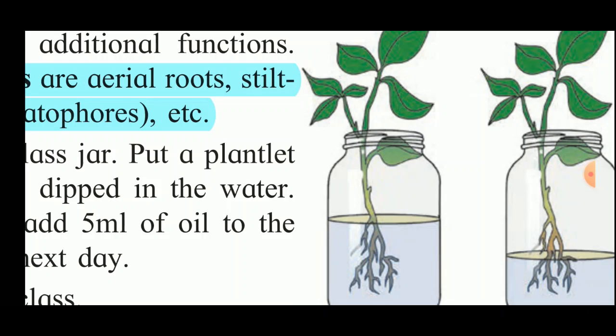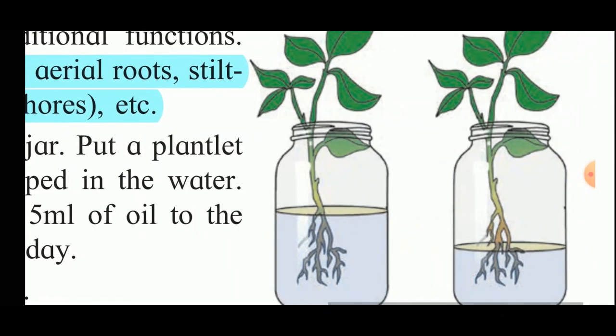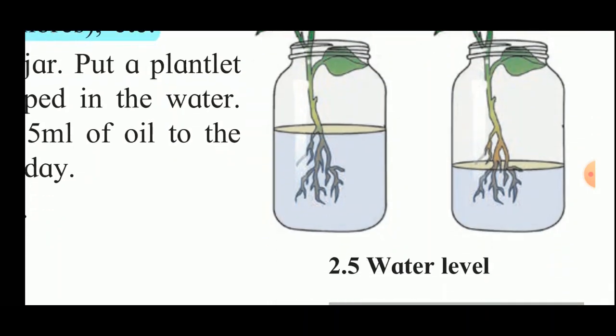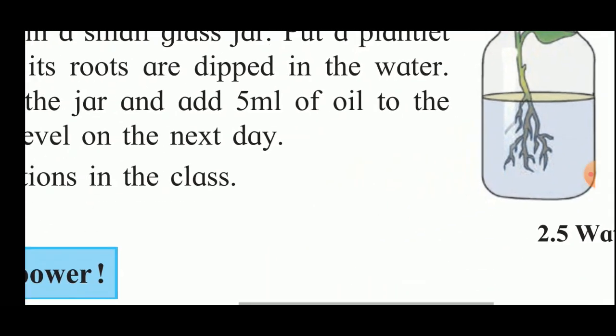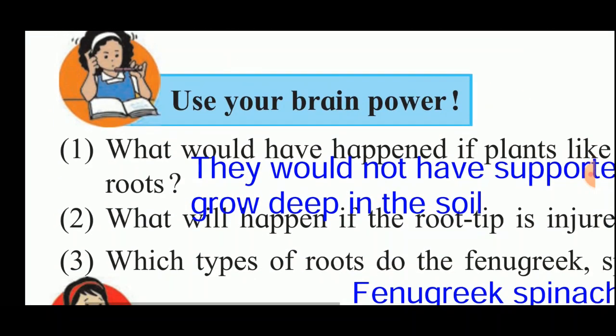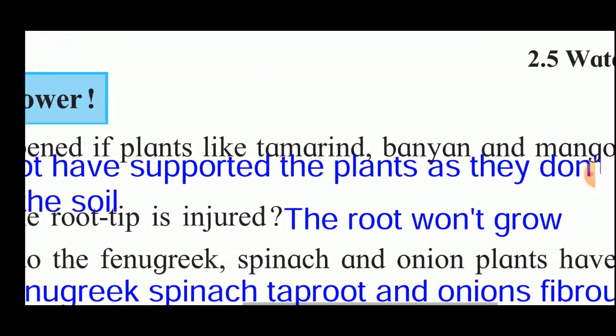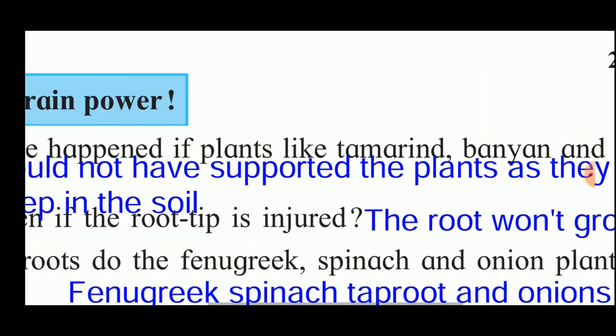Still, after a few days we see that the level of the water has gone down. The loss of water from the jar is not by evaporation. Then why is there a loss of water? This is because the plant's roots absorb water from the jar and it is supplied to the different parts of the plant, so the water level has come down. Next, these questions are there. What would have happened if plants like tamarind, banyan and mango had fibrous roots?